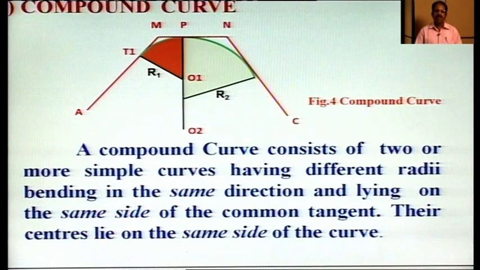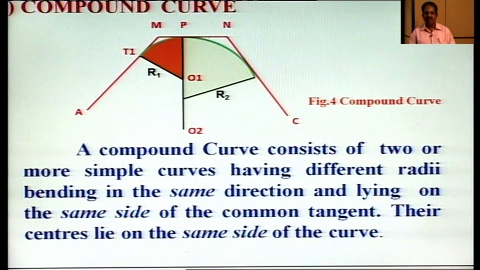Next, we have a compound curve. Please see the figure of the compound curve on your screen. A compound curve consists of two or more simple curves, as shown on your screen, having different radii bending in the same direction.